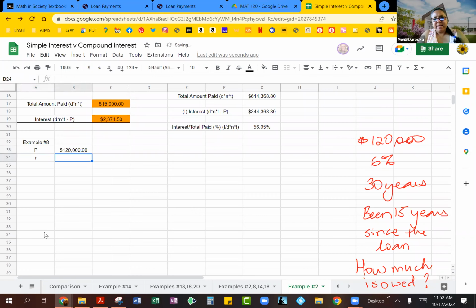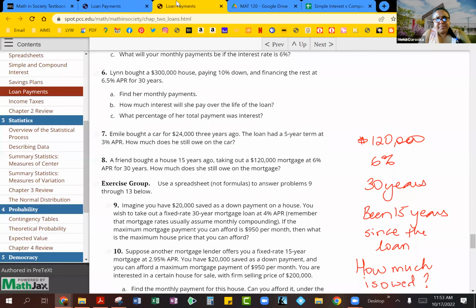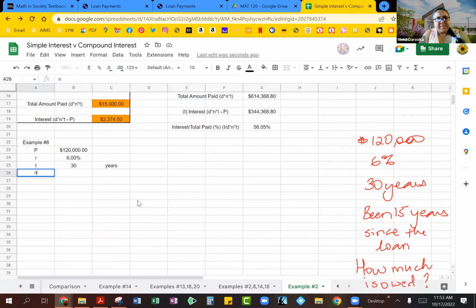The rate is 6%. Again, I'm going to format the percentage first and then type in my 6%. The loan itself is for 30 years. Normally these payments are made once a month, so we're just going to use our N value as monthly. And so now it's been 15 years since they took out the loan.